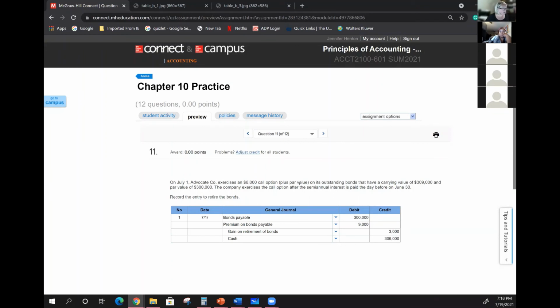Now the carrying value is 309. So you have to take the difference in order for the entry to balance. You either have a gain or a loss. If it said the carrying value was 304, then you would have a loss on the retirement of the bond, not a gain.